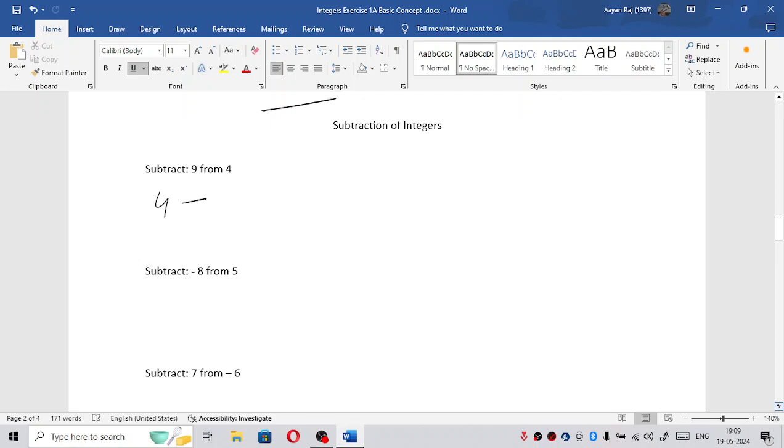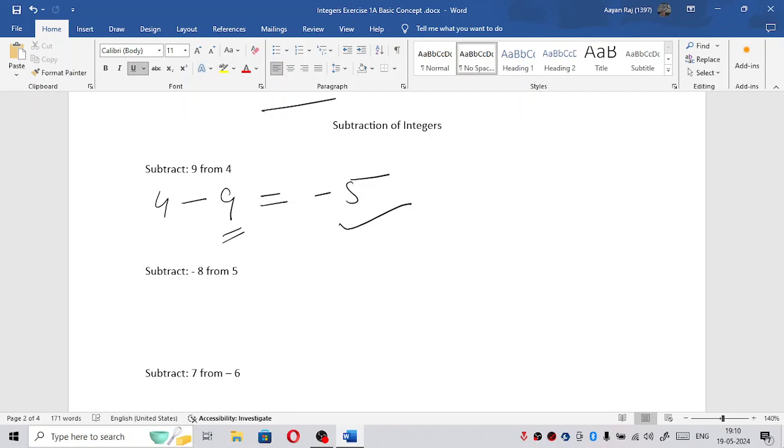So 4 minus 9 will become minus 5. Why minus 5? Because 9 is bigger and it has a negative sign, and once you subtract 9 and 4 it gives you 5. But the sign you have to pick is of the bigger number. So minus 9 is bigger, that's why the answer is minus 5.